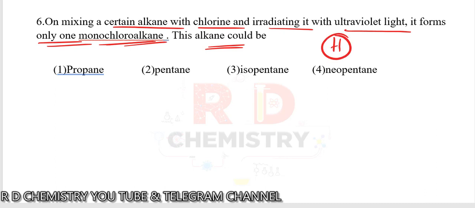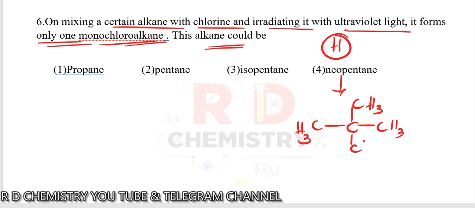So if I go for neopentane, one carbon is attached to four more carbon atoms, and to satisfy the valencies, hydrogens are there. Now if we see carefully, all the hydrogens and all the carbon atoms are of the same type. Correct? Whether you replace this hydrogen or this hydrogen, it can form only one type of monochloro compound.